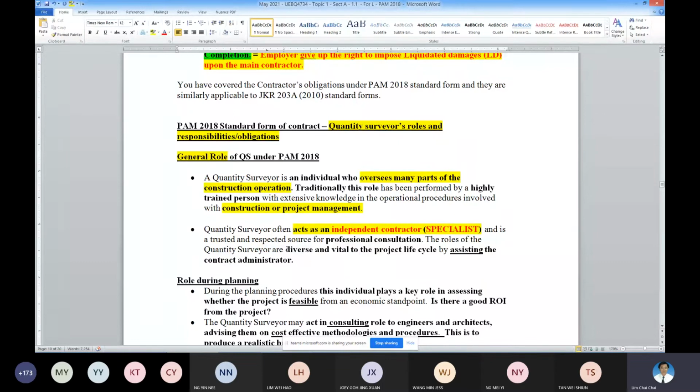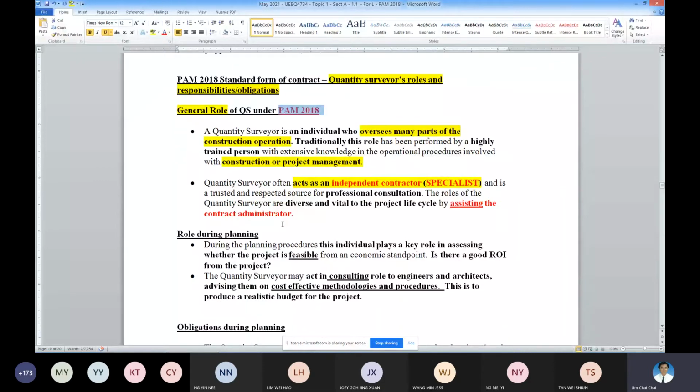Then assisting the contract administrator under your PAM. So these are the roles of the QS under PAM. You will find that only in PAM are the QS roles expressly stated. In other standard forms, the QS role is not expressly stated.